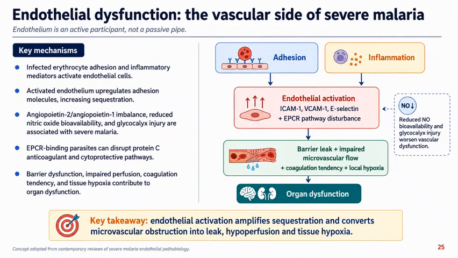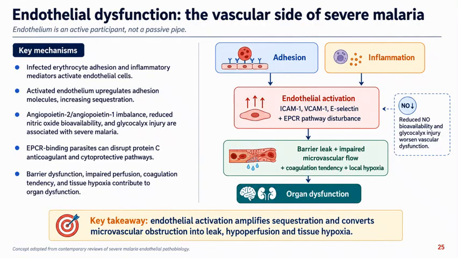Now let us take a deep dive into the endothelial role in severe malaria. The endothelium is not a passive pipe. Infected red cells, adhesion, and inflammatory mediators activate endothelial cells. Activated endothelium expresses more ICAM1, VCAM1, E-selectin, and other adhesion molecules, which encourages further sequestration.